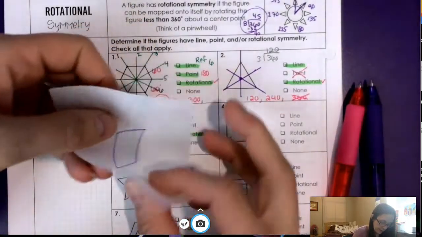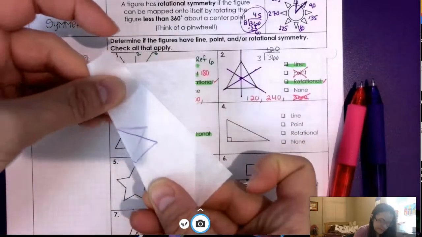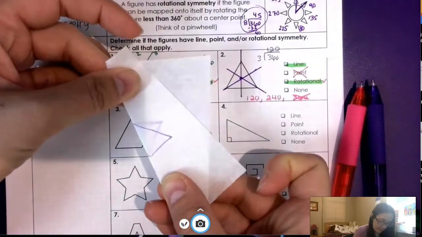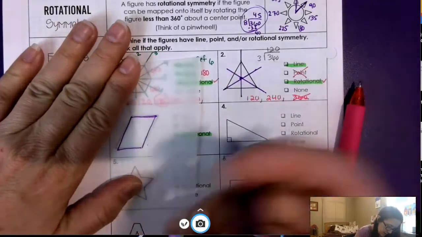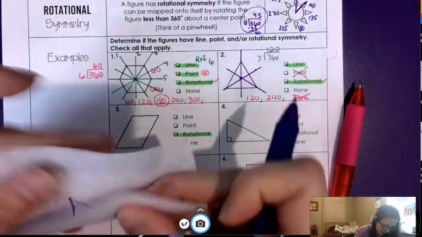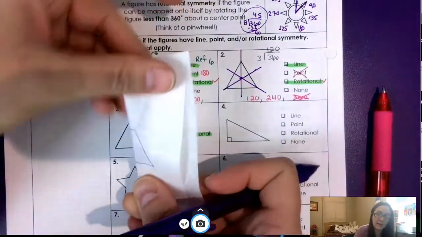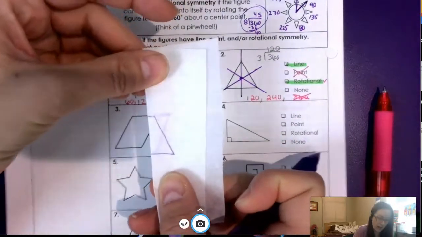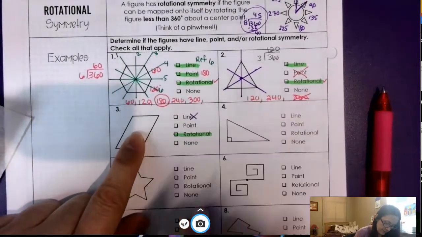Well, if I were to fold it in half through those vertices, you can see that it doesn't fall right on top of itself. Okay, what if I draw it straight down like this? Well, let's say I fold it in half this way. You can see, again, it is not going to fall on top of itself. And as you can see through that patty paper, this does not have line symmetry.